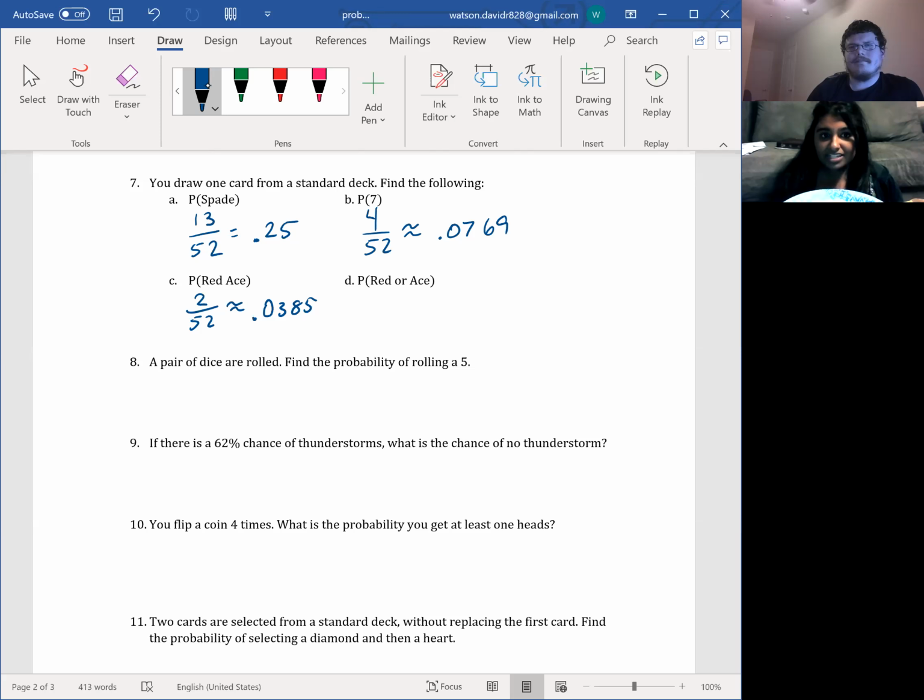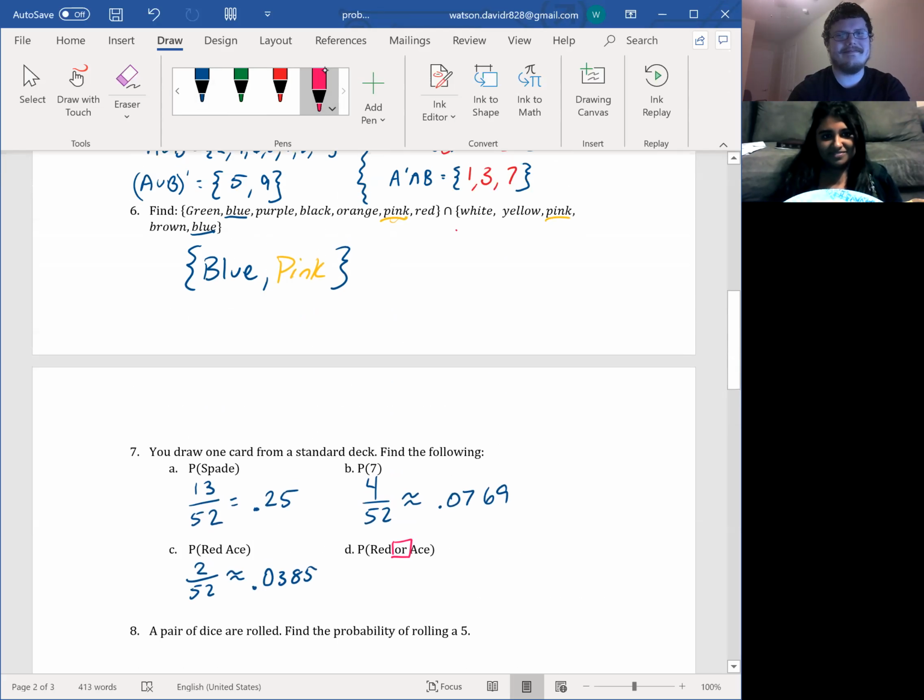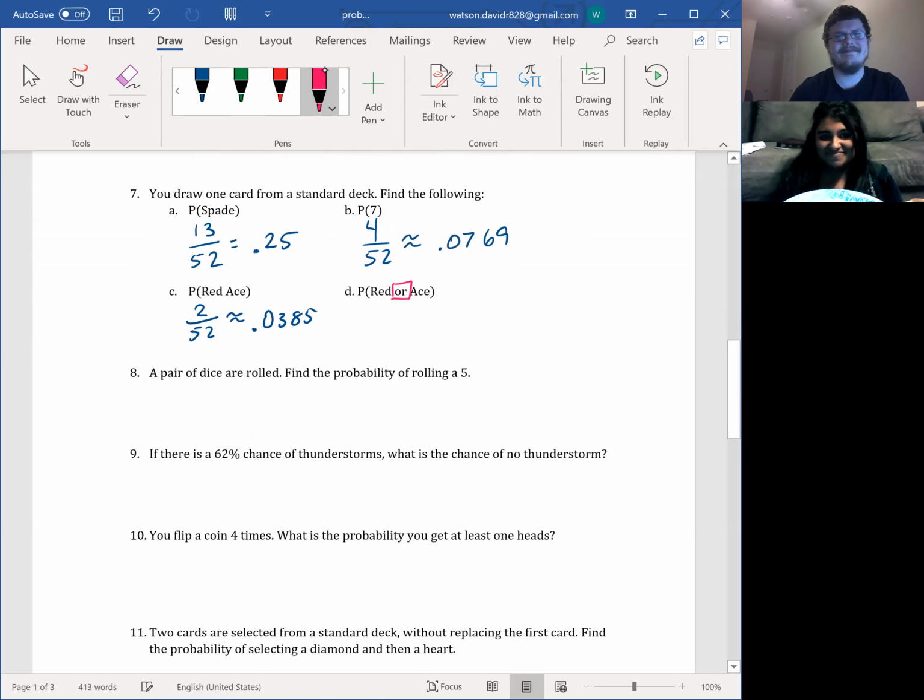All right, last one, we have red or ace. So remember the double counting? Hey, pink works now. It's a little late, but okay.